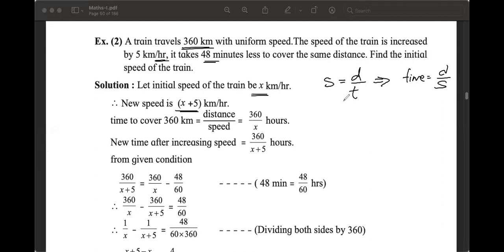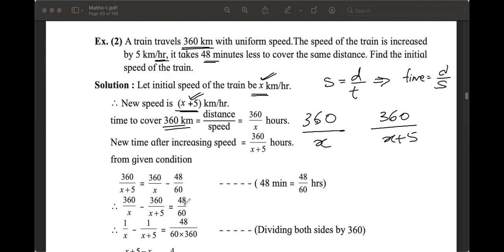So we have two times: the time when the train is running at x kilometers per hour, and the time when the train is running at x plus 5 kilometers per hour. The distance remains the same, 360. Now the two times are 360 by x and 360 by x plus 5.